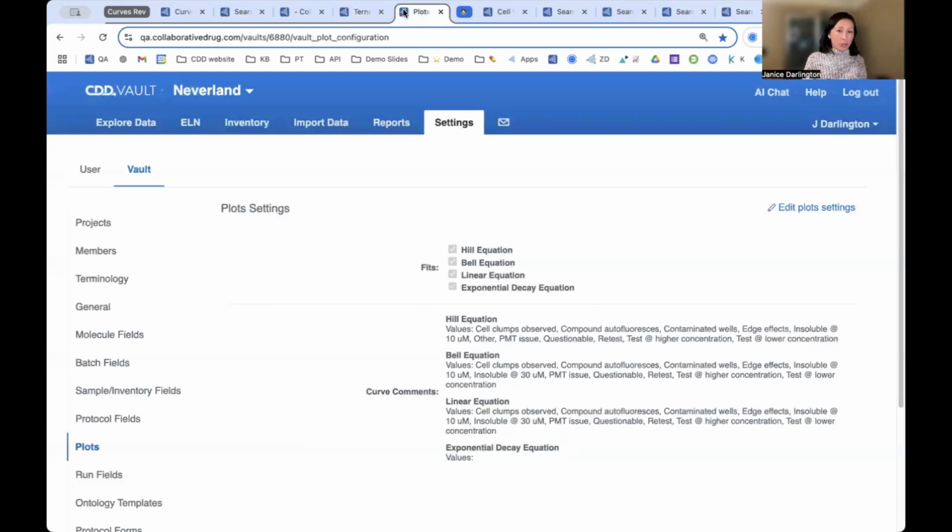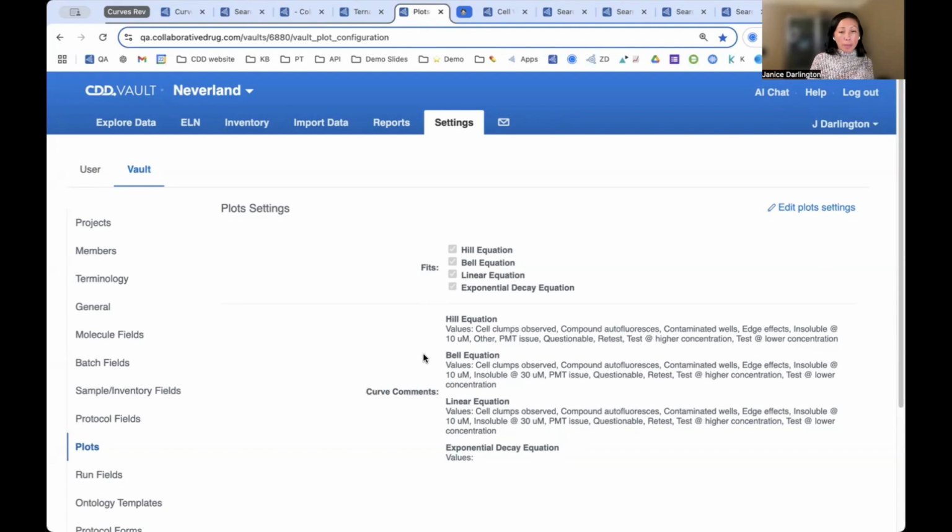Here, I'm just going to give you a sneak preview. We know now that as a Vault administrator, you can come into settings, the Vault tab, plot settings to enable the Hill and Bell equation. We are bringing to you as well the linear and exponential decay equation, 2 more fitting algorithms for your data.